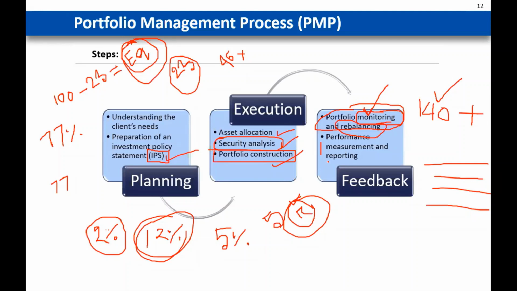So there is a tendency among portfolio managers to report the performance in a way which will not enable the client to understand the true performance of the portfolio. So will you do so? There is a common tendency among portfolio managers to report the performance in a way which makes it difficult for the client to understand how the portfolio manager performed.